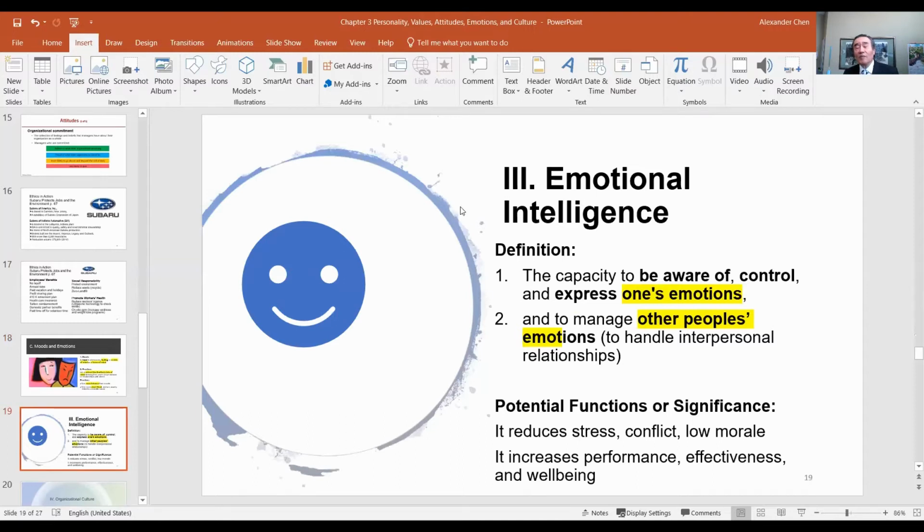Then this is very famous. If you don't have EI, you don't control your emotional intelligence. What is emotional intelligence? Number one, you have to understand, be aware of, control, and express the emotion nicely by yourself. You also have to understand and control other people's emotions.